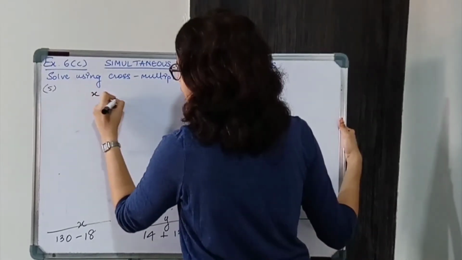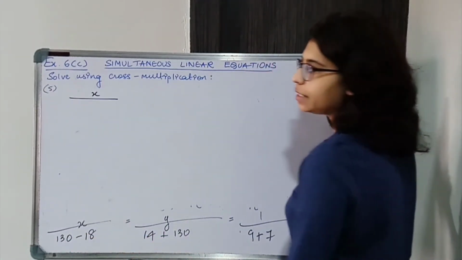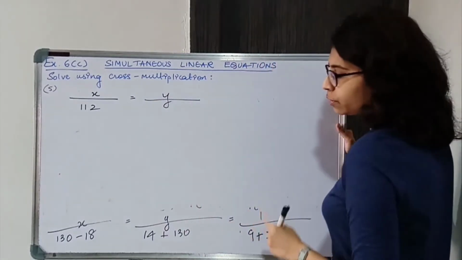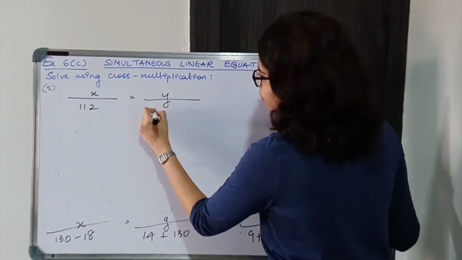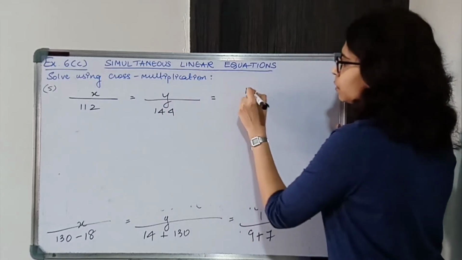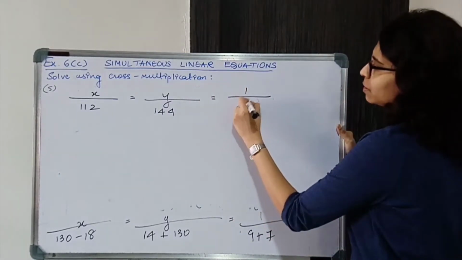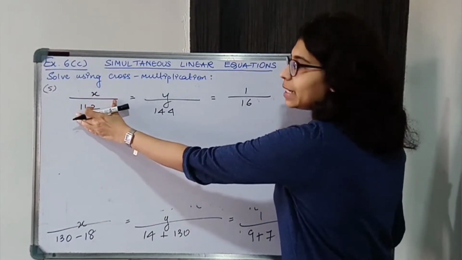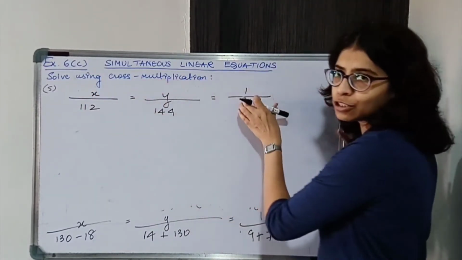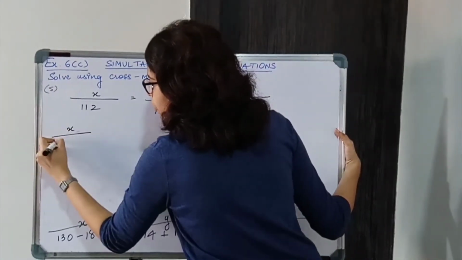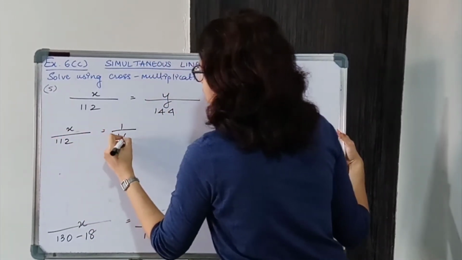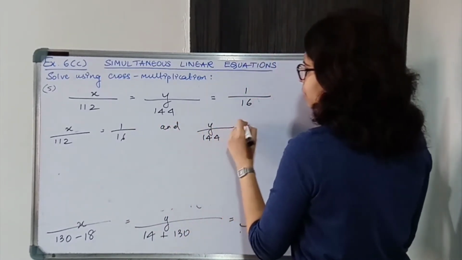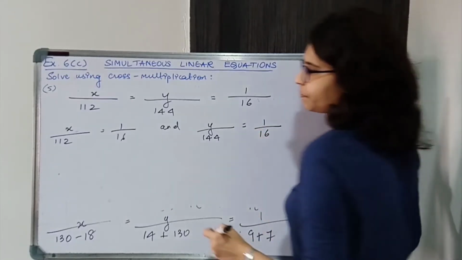Okay, so x upon 130 minus 18 will be 112 is equal to y upon 14 plus 130 will become 144 is equal to 1 upon 9 plus 7 gives 16. Now fourth step, equate x with the constant and then y with the constant. So x upon 112 is equal to 1 upon 16 and y upon 144 is equal to 1 upon 16.